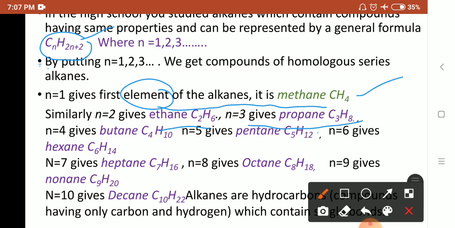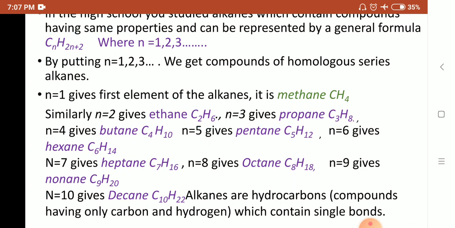Like that, putting n equal to 4 in this formula you get C4H10, n equal to 5 you get C5H12. Write here small n. Putting n equal to 10, you get decane, C10H(2 into 10 is 20, plus 2) 22. So that is decane. Alkanes are hydrocarbons. So what are alkanes?